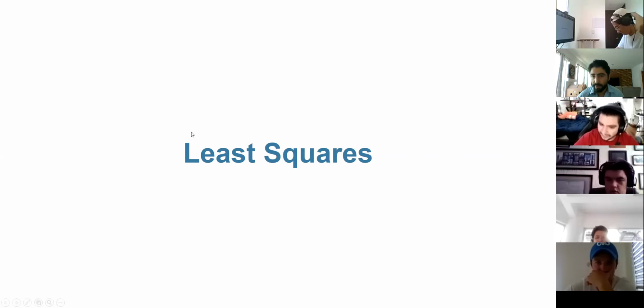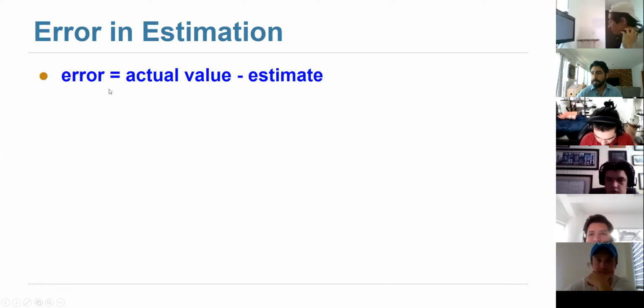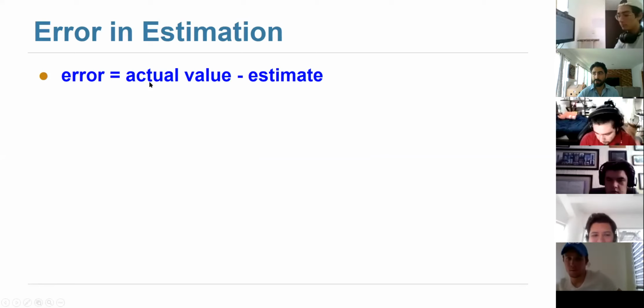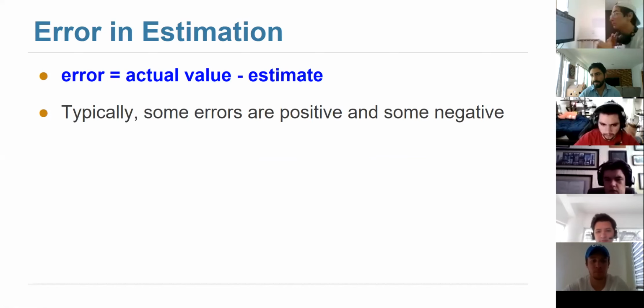So let's talk about those errors. Least squares has a very important application in data fitting. Errors can be considered as your actual value minus your estimation. There are some values that are beyond my estimation, some are lower, so some of them are negative, some positive.